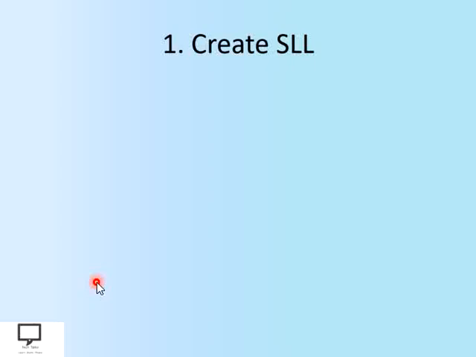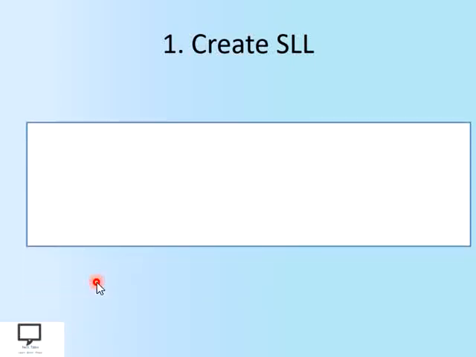Whenever you want to create a linked list, you are supposed to create a node first. If you don't know about the node or the concept of node, what its two different parts are, for your reference I am providing a shortcut link in the top right corner, in which video I have already covered the concept of node structure, what a node is and what its different parts are: the information part and the reference to the next node part.